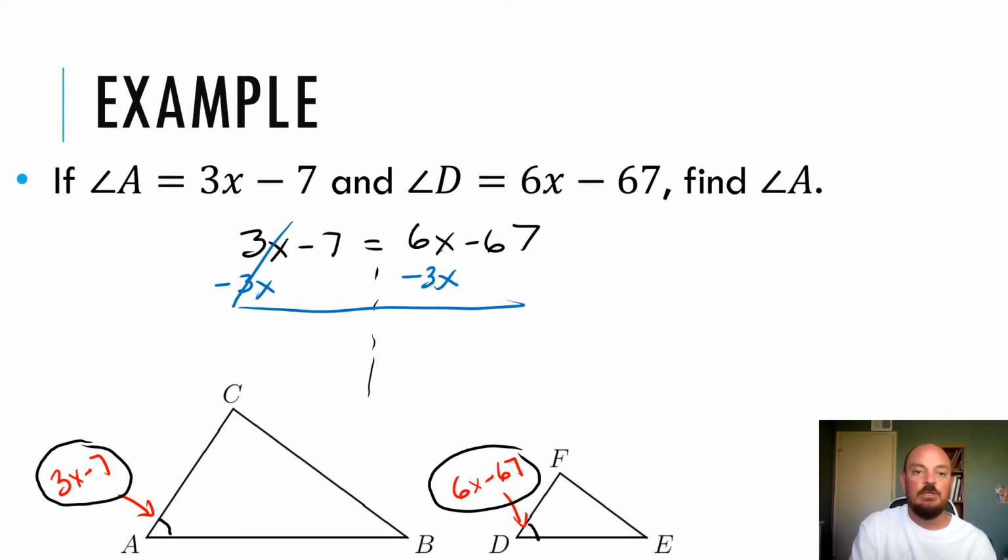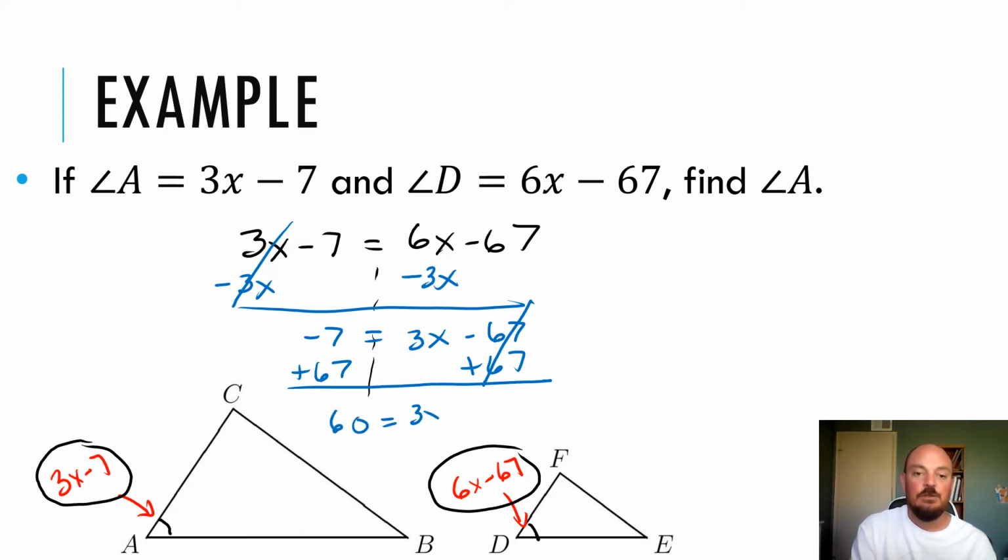Get rid of that one. So I have negative 7 equals 3x now, and we still have minus 67. Now if I'm solving for that x over on the right, probably the next thing I want to do is a plus 67 to cancel out the minus 67. And that's gone. Negative 7 plus 67 would be 60. So 3x equals 60.